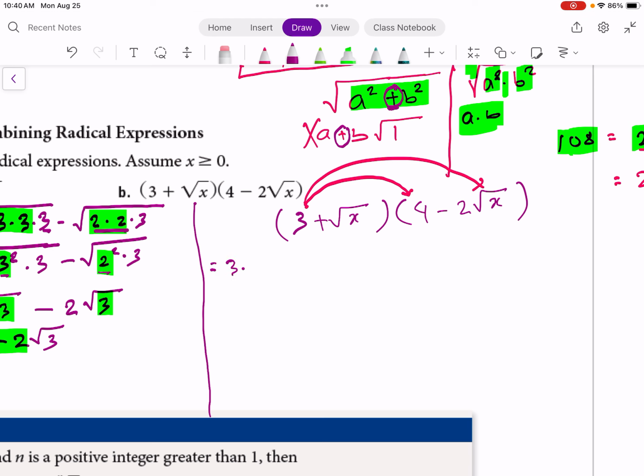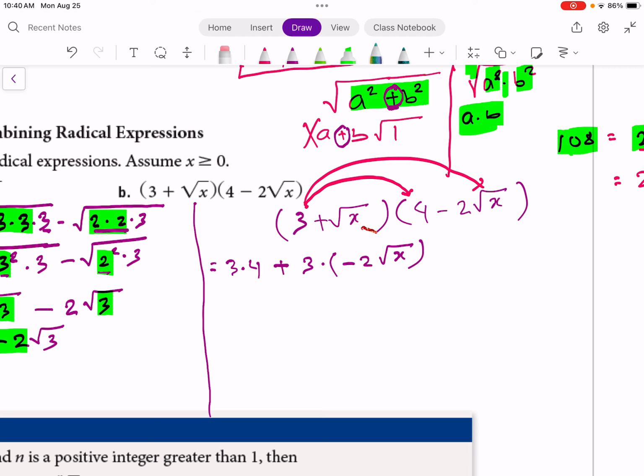The next is 3 times negative. Since we have a negative, let me write this inside the parentheses: 3 times negative 2 square root of x. Now you do the same thing for the next term.